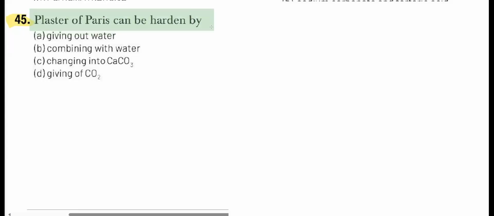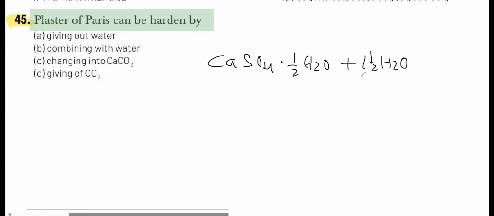Plaster of Paris gets hardened by what? What is plaster of Paris? It is calcium sulfate hemihydrate, CaSO4 dot half H2O. When water is added, it reacts chemically, and we can write the reaction like this: with 1.5 H2O to form gypsum, which is calcium sulfate dihydrate, CaSO4.2H2O, and it becomes hard.